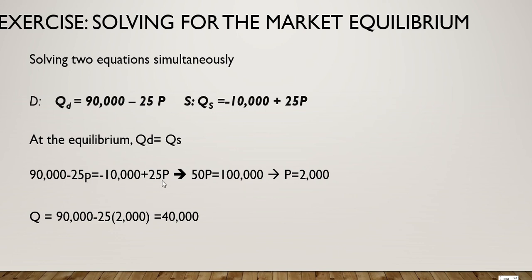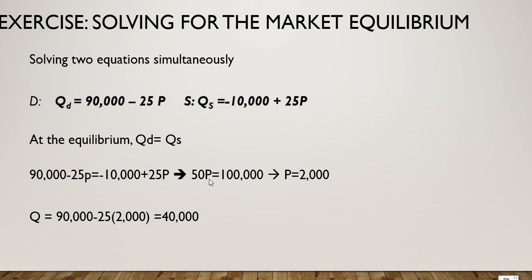So gather the 25P plus 25P together on one side, and then this to the other side: 90,000 plus 10,000. When you pull this to the other side, that will become 100,000.